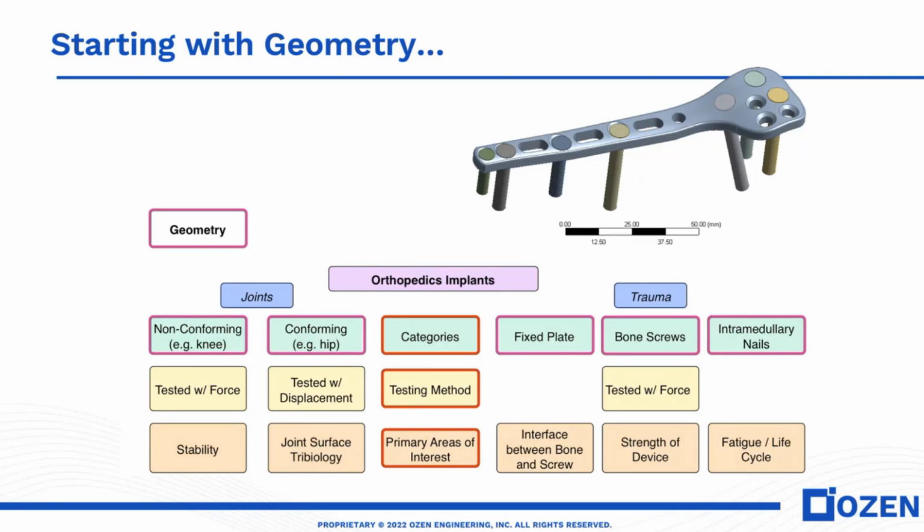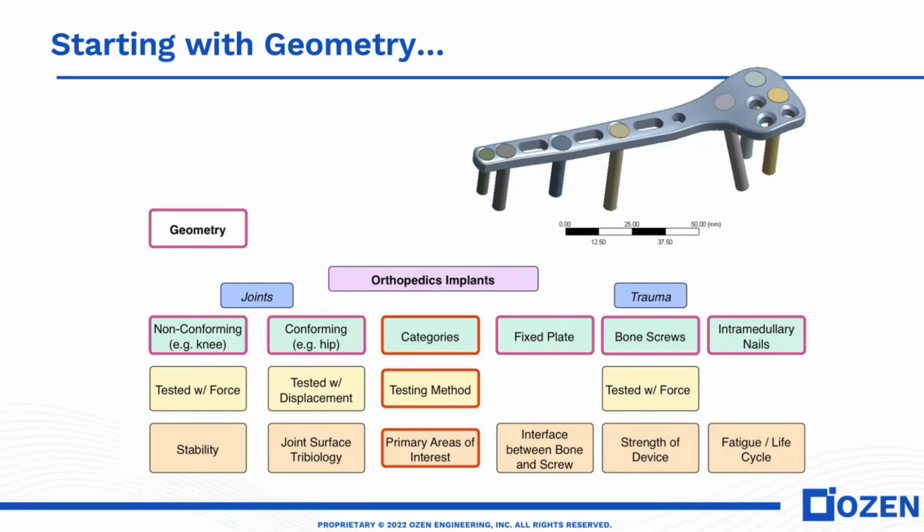We start with a geometry. Let's assume that this is our implant geometry. With the geometry, we can look at different screw locations. Is it a fixed plate, or is it conforming or non-conforming cases?